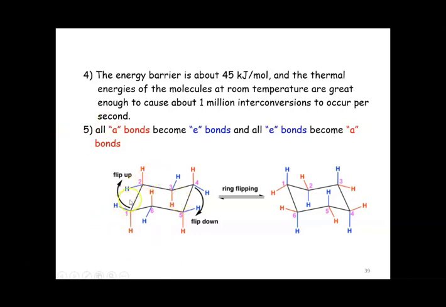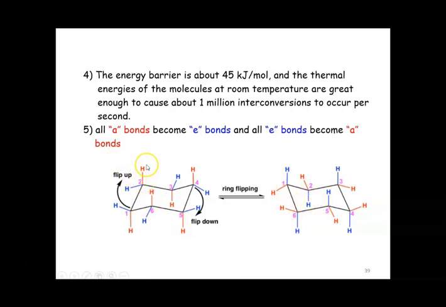Okay, here when we see the carbon-carbon bond between carbon number 1 and carbon number 2, we can compare the carbon number 1 and carbon number 2 with this orientation. This is the orientation prior to ring flipping and this is the orientation after ring flipping.